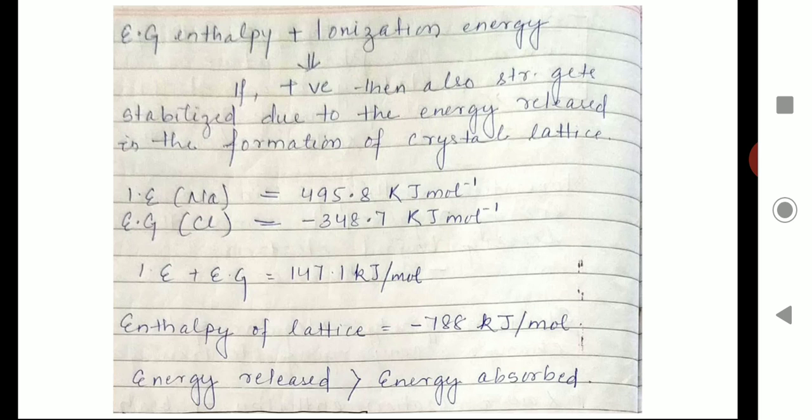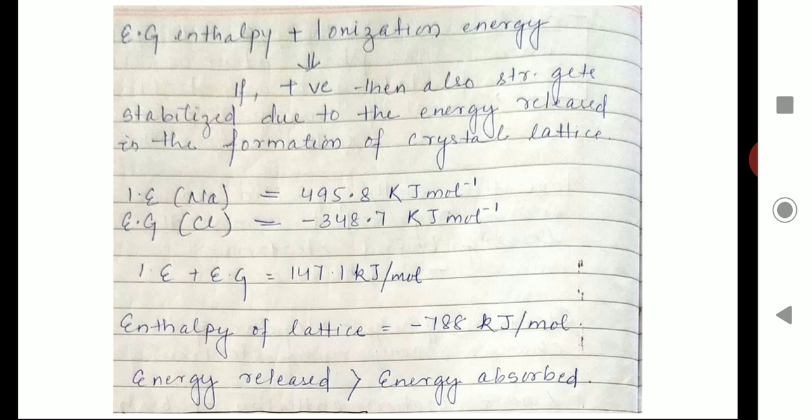Experiments confirmed that even if the sum of these energies gives a positive value, the structure still gets stabilized, and they concluded that this is due to the formation of the crystal and the energy released there, which they called lattice enthalpy.